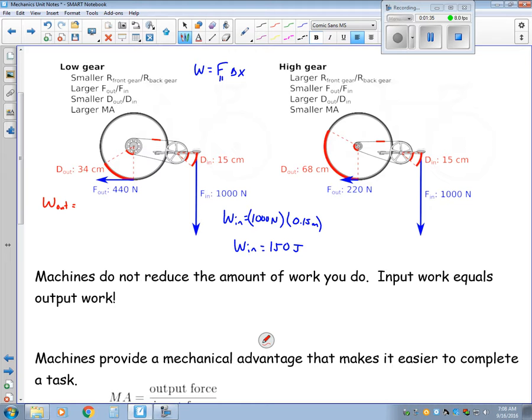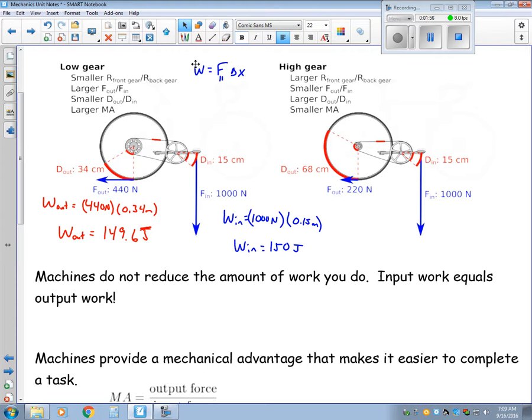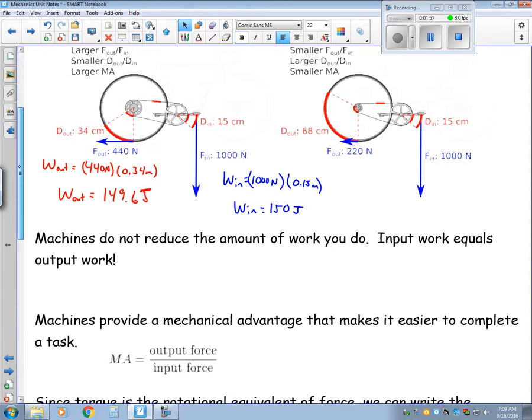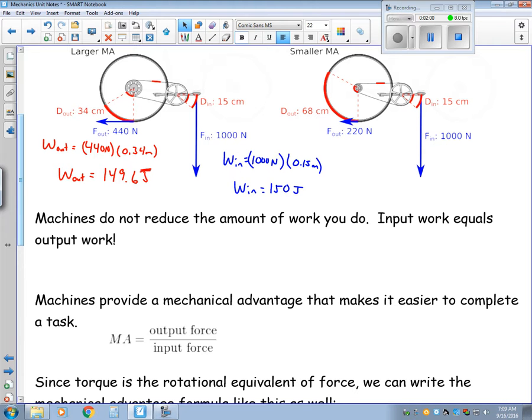So that's going to be 440 newtons times 0.34 meters. And for the output work I get like 149.6. Very, very close. So notice then that machines do not reduce the amount of work you do. The input work equals the output work.